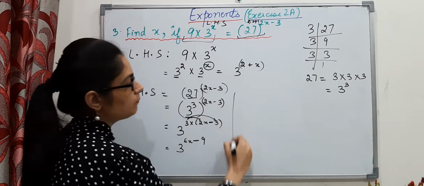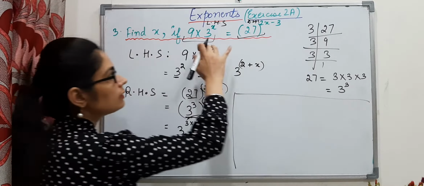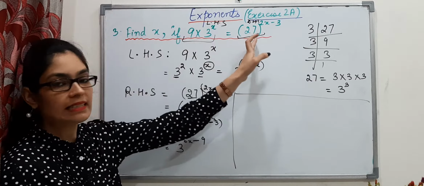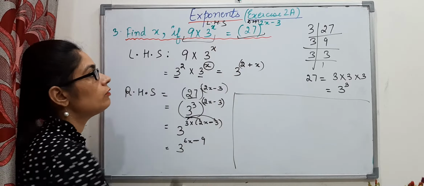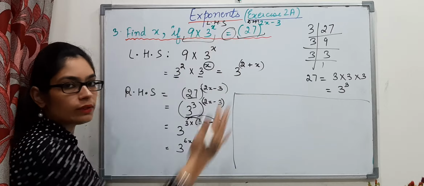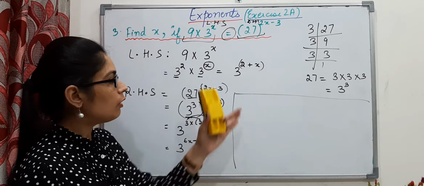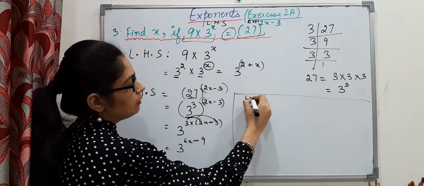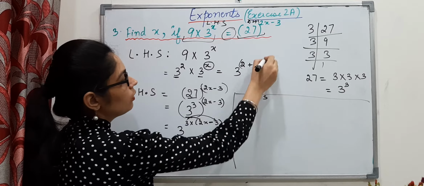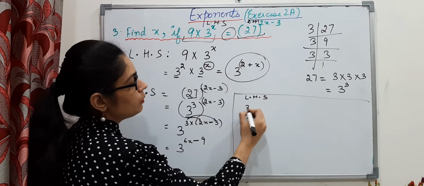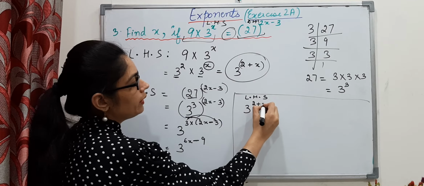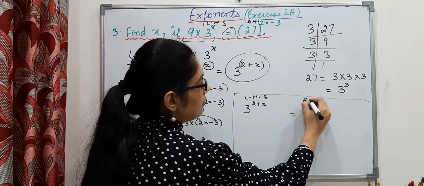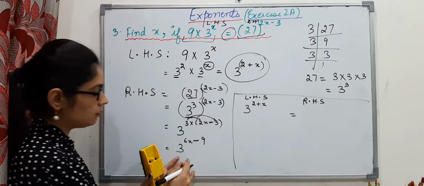Now if we see in our question, it's given to us that our left hand side is equal to right hand side. This sign of equality means both the sides are already equal. Now we have solved this, we will just write. See, left hand side I have solved and I got the answer as 3 to the power 2 plus x. Right hand side also we have solved this.